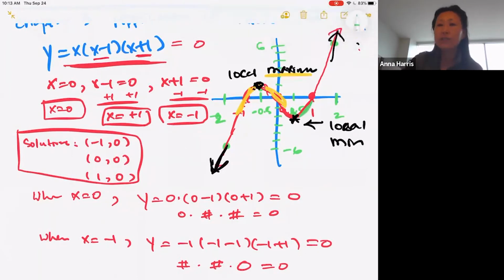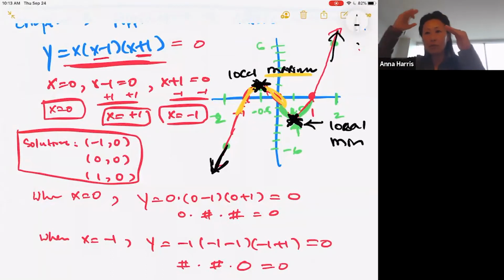This value over here is a local minimum because that's the smallest y value around that, to the right and to the left. This value over here is the smallest one, and this is the largest one. When you look around them, to the right and to the left, that's the maximum.